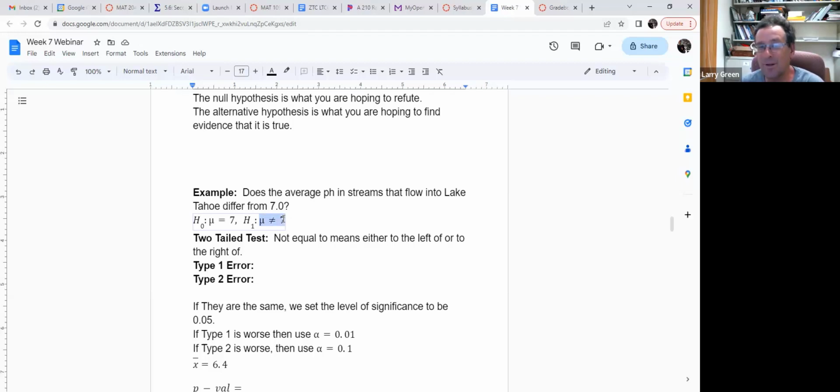Whereas in the last example, we wanted to show it was less than something, not greater than. We didn't care about greater. We wanted to approve this vaccination. Here, not equal to on either side is bad. Do you see that? So this is called a two-tailed test because left and right of 7 are bad. Any questions on that so far?